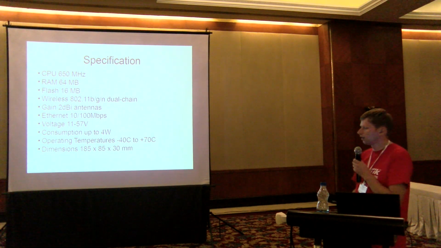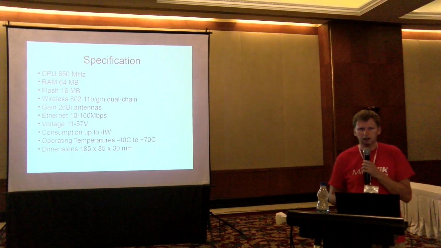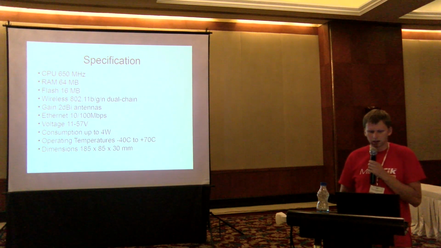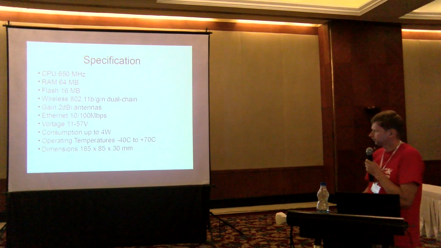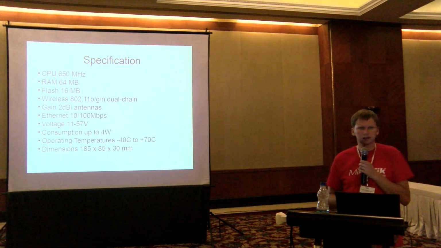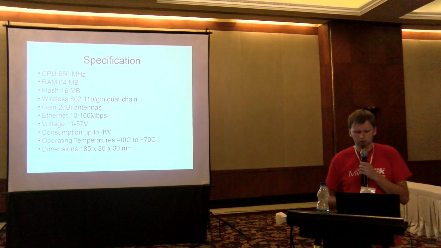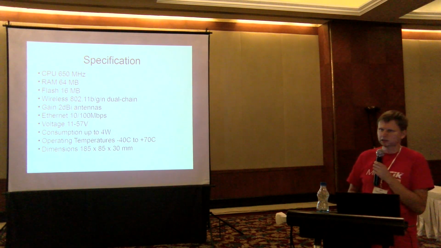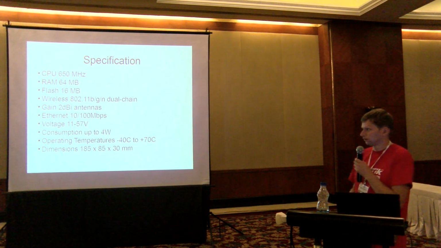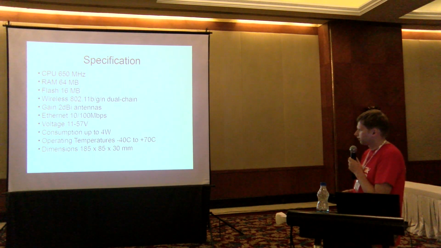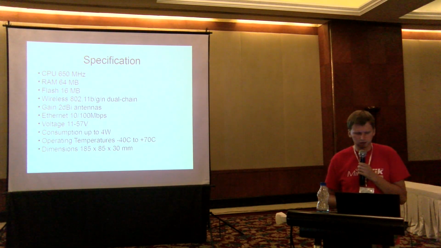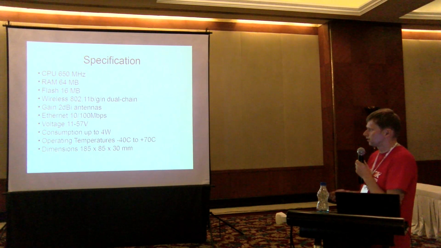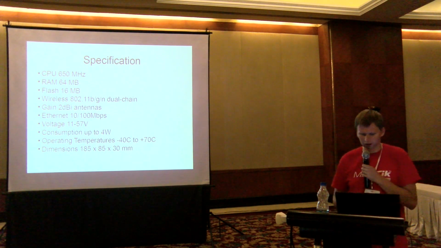And it has one 100 megabit Ethernet port. And voltage from 11 to 57 volts. And power consumption only up to 4 watts, so very low. And as I told you on the previous slide, it works very well at higher temperatures, so you can go from minus 40 Celsius up to plus 70 Celsius. And here you can see the dimensions, but you can already see how small it is.